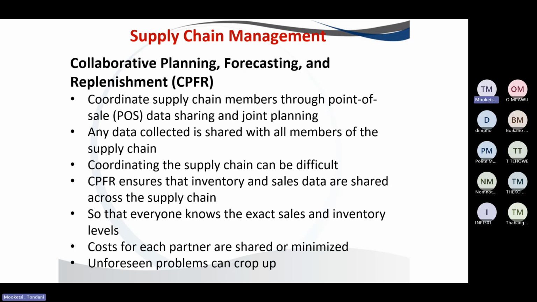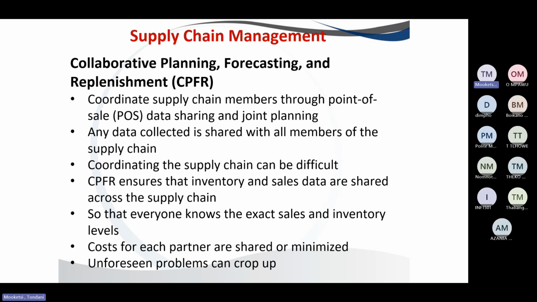Then this CPFR ensures that inventory and sales data is shared across the supply chain so that each member of the supply chain knows when they need to do something. So if stock levels are going down, based on the data, the supplier will know that now I need to go and deliver more stock. So that is why this is important. Everyone knows the exact sales and inventory levels.